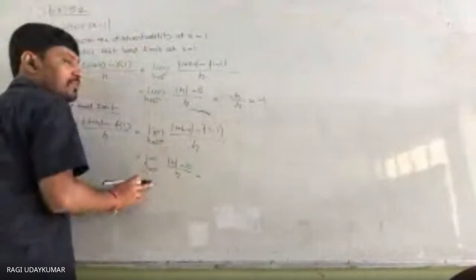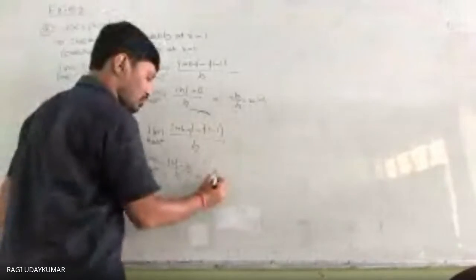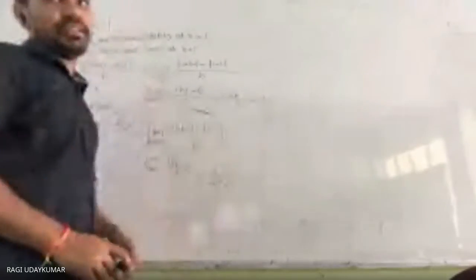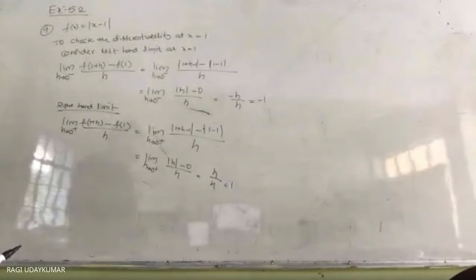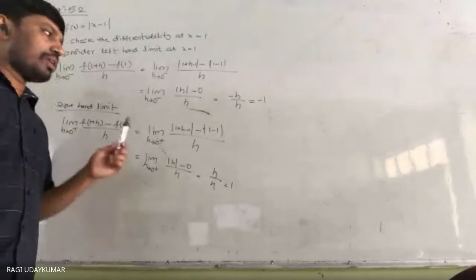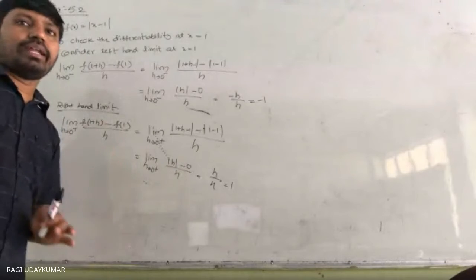When h tends to 0 plus, modulus h will become h only, so the value is 1. Here it is minus 1, here it is plus 1. As minus 1 is not equal to plus 1, the left hand limit is not equal to the right hand limit. So when the left hand limit is not equal to the right hand limit, it is not differentiable at that particular point.